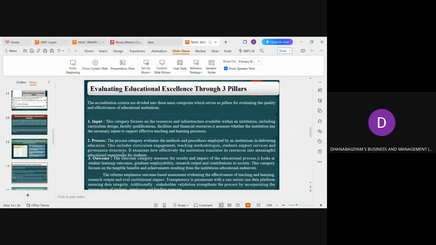So as an input, we should have all the facilities, and then the process needs to happen very effectively, and the operation needs to happen at the front end, whether we give all the facilities as an institution at the strategic level.